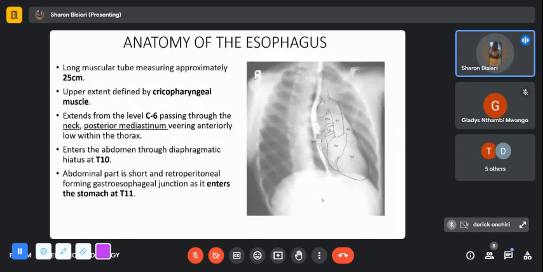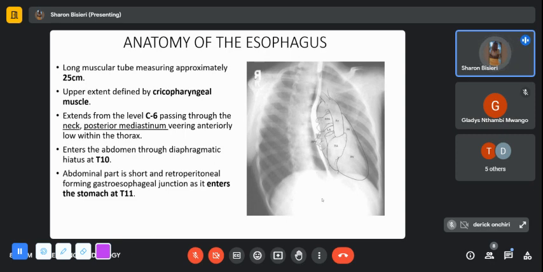So let's just remind ourselves of the normal anatomy of the esophagus. We know the esophagus is a tubular structure and it measures approximately 25 centimeters. The upper extent is defined by the cricopharyngeus muscle, and that extends roughly from C6, and then it passes anteriorly to the vertebrae within the thorax.